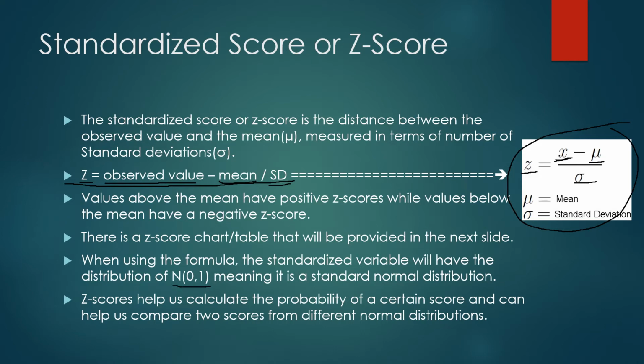Basically, it's the standard normal distribution, meaning there will be a bell curve shape distribution. Z-scores help us calculate the probability of a certain score and can help us compare two scores from different normal distributions.